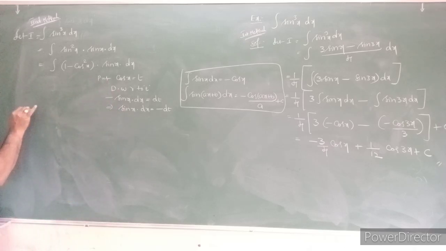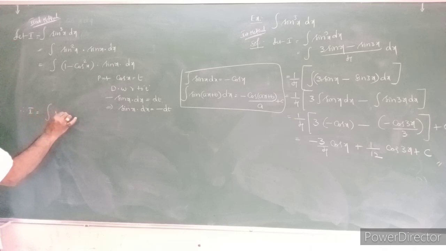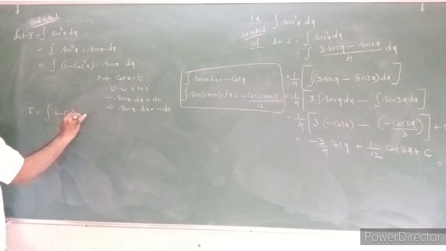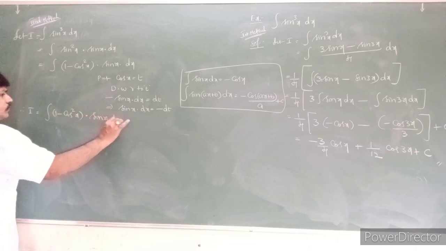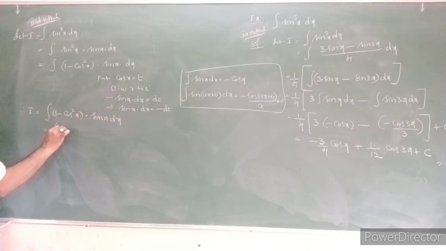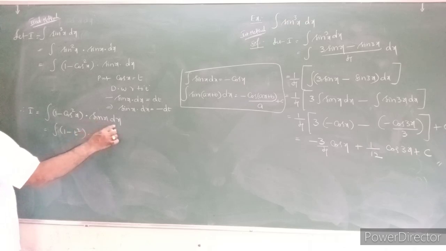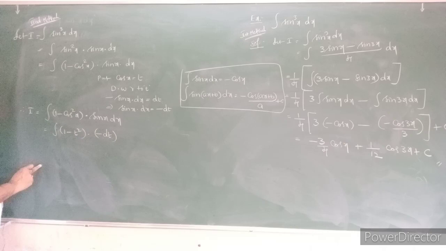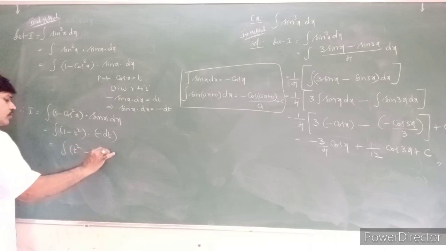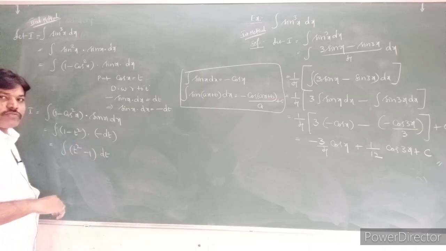Therefore, I is equal to the integral of 1 minus cos square x into sin x into dx. So this can be written as the integral of 1 minus t square into sin x into dx, which becomes minus dt. If you apply the minus here, it becomes t square minus 1 into dt.